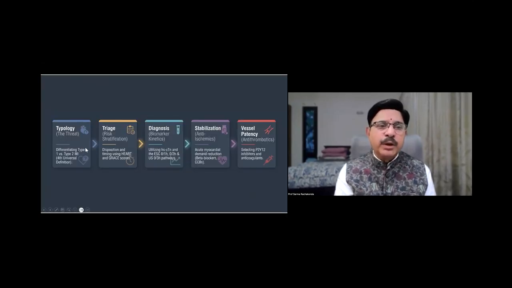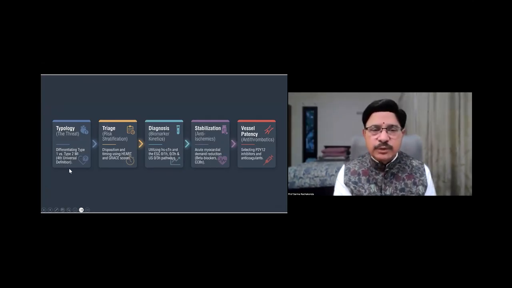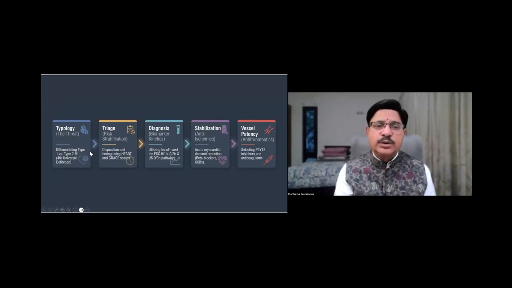Now, typology: differentiating type 1 versus type 2, the Fourth Universal Definition guidelines. We are using triaging, we are using the two scores, HEART score and GRACE score. This is again evidence-based medicine, risk stratification. Diagnosis: we don't embark on a single troponin value, that too ordinary troponin; we use hs-troponin, and the ESC guidelines say 0 and 1 or 2 hours, US guidelines say 0 and 3 hour path.